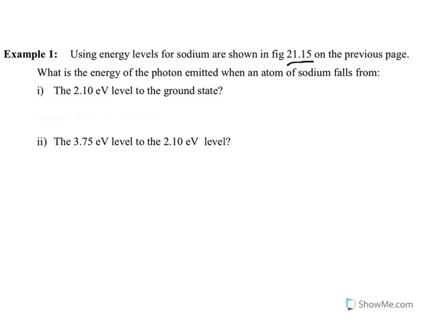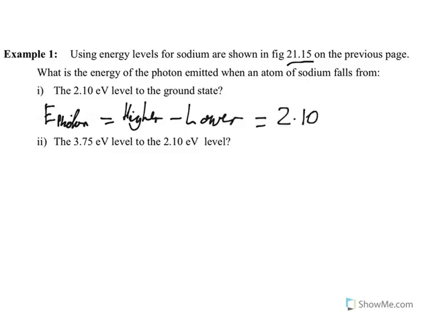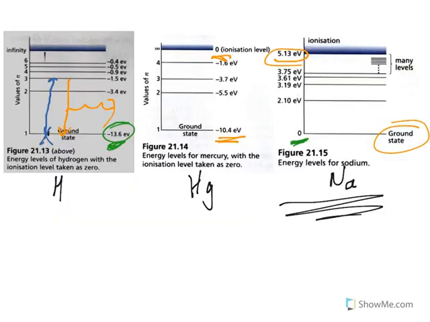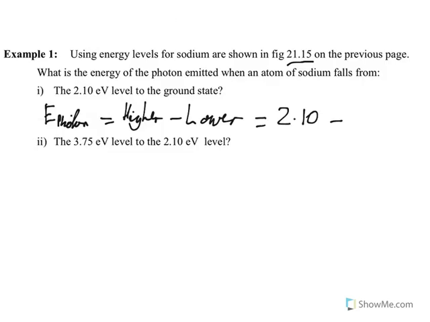So the energy of the photon, remember, is the higher minus the lower. So this one's 2.1 minus the lower when we go back to the ground state. Whoops, too far. In that hydrogen one, here's our ground state down here, looking at 0. So minus 0, so 2.1 electron volts.